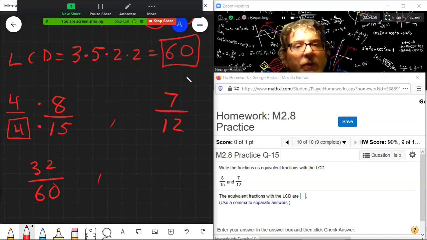We got to get this fraction. This has to be an equivalent fraction to this, which means we got to make this become 60 also. We got to do the same process. We got to ask ourselves, what number times 12 is 60? And again, you can look here, right? Well, you know what? 3 times 4 is 12.